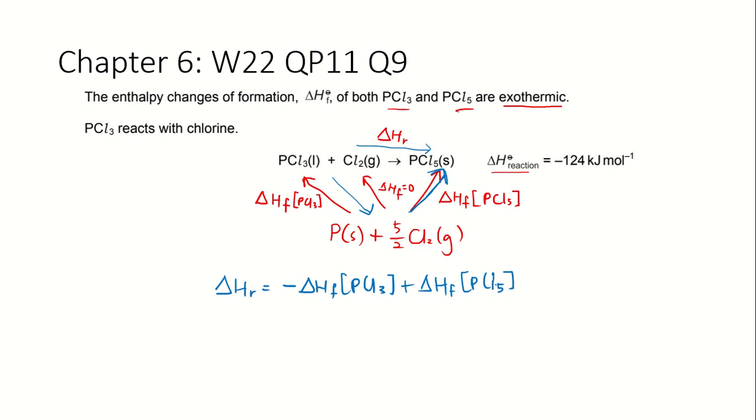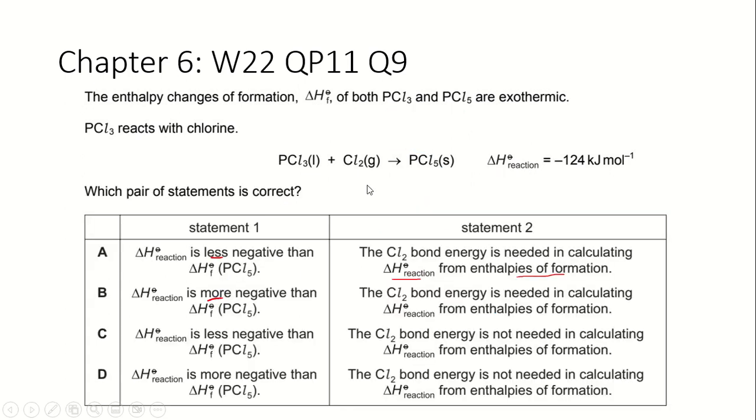Now, if you can remember, the statements that we are supposed to verify. Statement 1, the enthalpy change of reaction is less negative or more negative than that of PCl5. Statement 2, the Cl2 bond energy is needed or not needed in calculating the enthalpy change of reaction from enthalpies of formation.